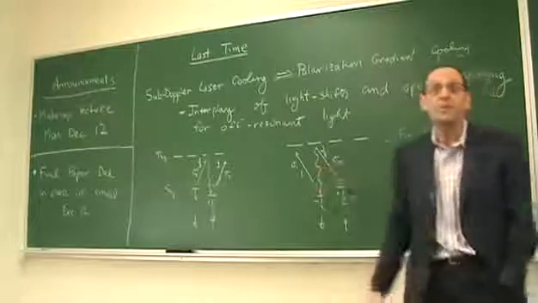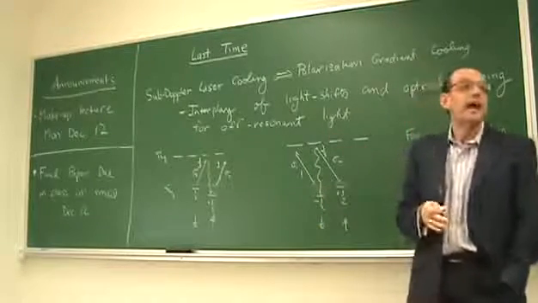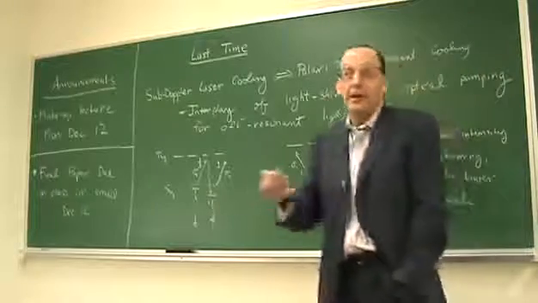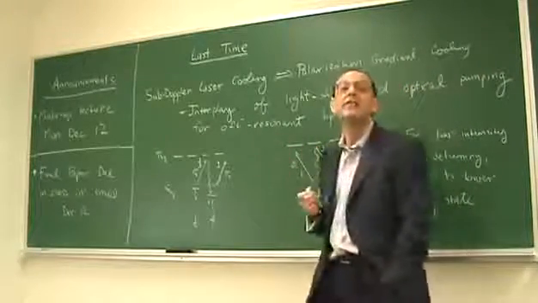So in the process of optical pumping, again, the atom will go to a lower energy. And that energy is made up by the kinetic energy of the atom. And so this is the basic cooling mechanism.